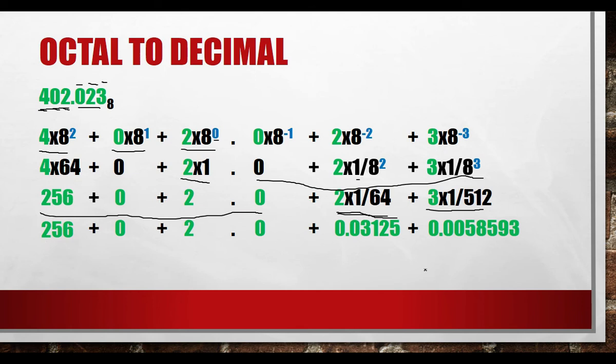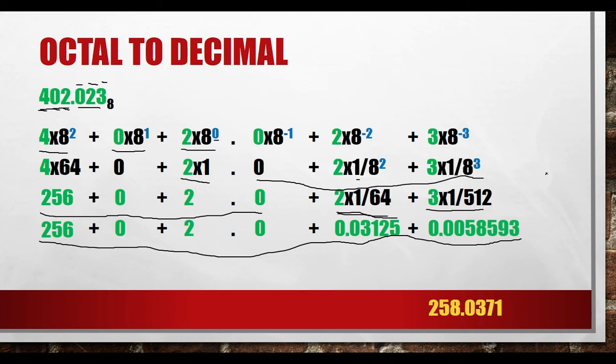And then after simplifying everything, let's add these numbers. After adding these numbers, this gives us 258.0371. So this means that 402.023 is 258.0371 in decimal.